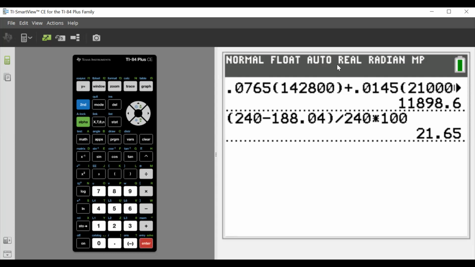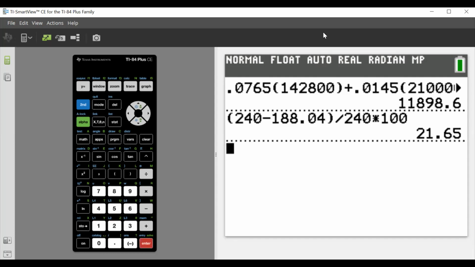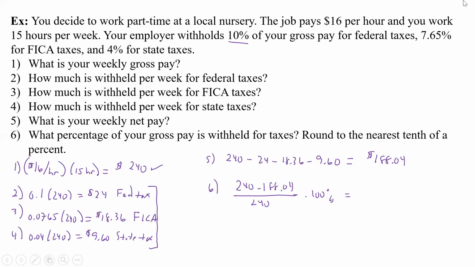That means 21.65% of our gross pay was taken out for taxes of some sort. They want it rounded to the nearest tenth of a percent, so that would be 21.7% taken out of your gross pay for taxes.